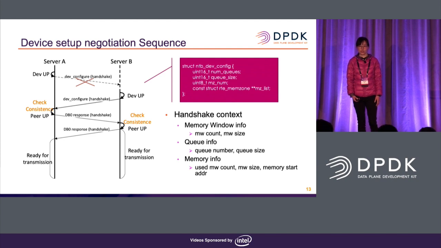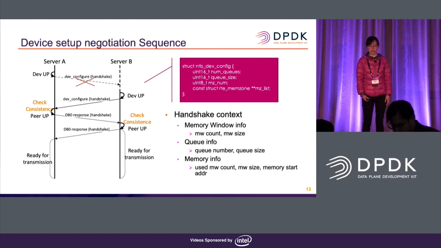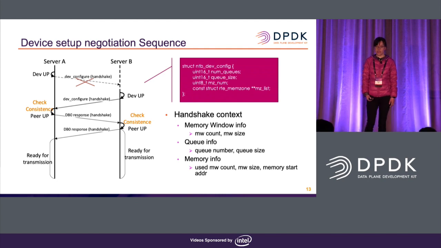We also need to sync some device attributes with each other, such as how many queues we support, the queue size, how many memory windows are supported, the memory window size, and the local memory address you are going to map to each other. After that, the device can be ready for transmission. All of those things are done in the device config operations.